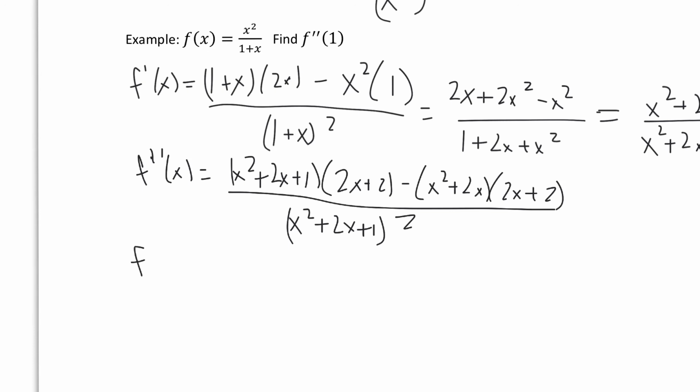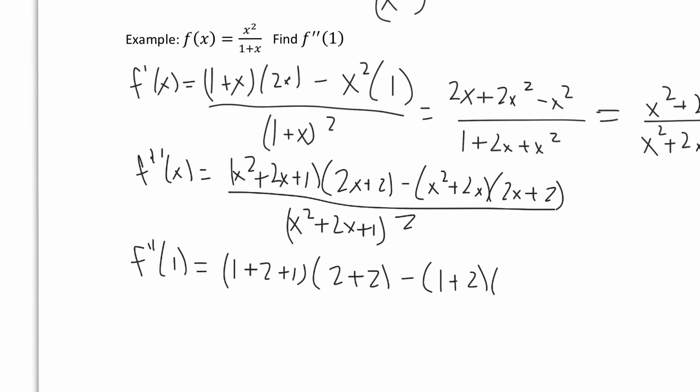All right, so now we can plug in the number 1. So everywhere you see x, just replace it with 1. So you get 1 squared, which is 1, plus 2 plus 1, times 2 plus 2, minus 1 plus 2, times 2 plus 2, over 1 plus 2 plus 1 squared.